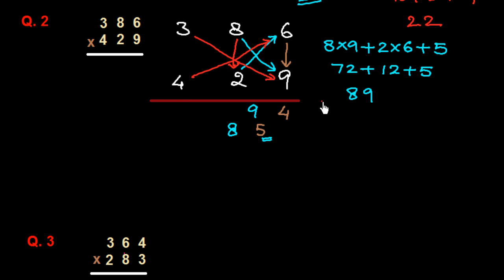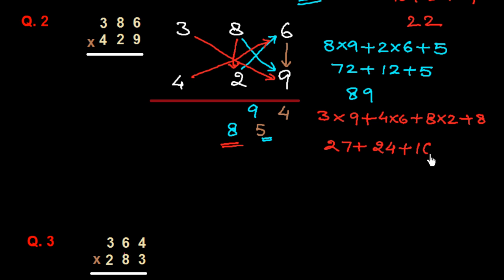So I multiply all this. I multiply 3 into 9, this diagonal, then 4 into 6 plus 4 into 6, plus vertically 8 into 2, and plus this 8 which we have carried. 3 9 times 27, 4 6 times 24, 8 2 times 16 plus 8.